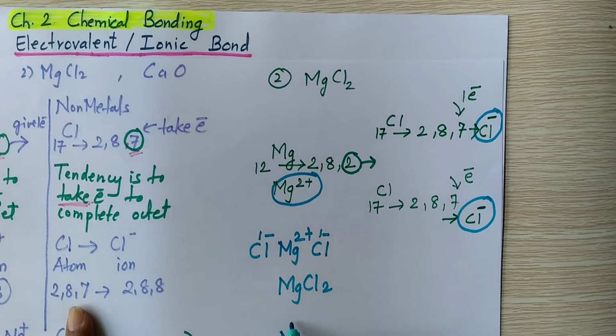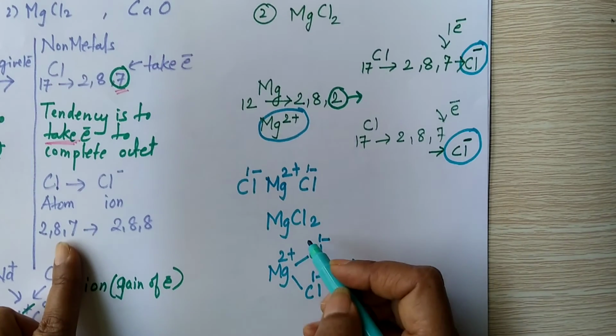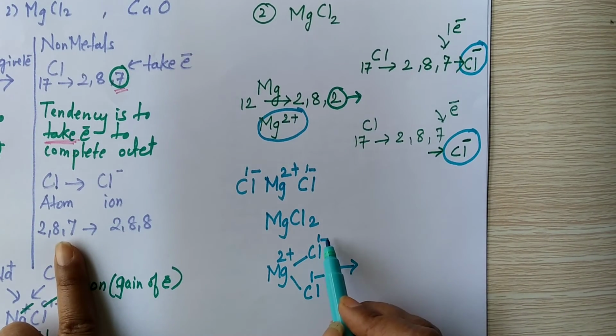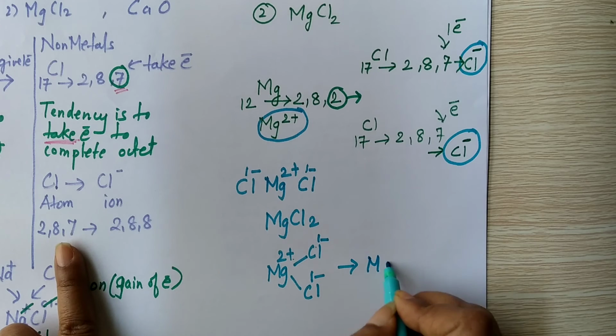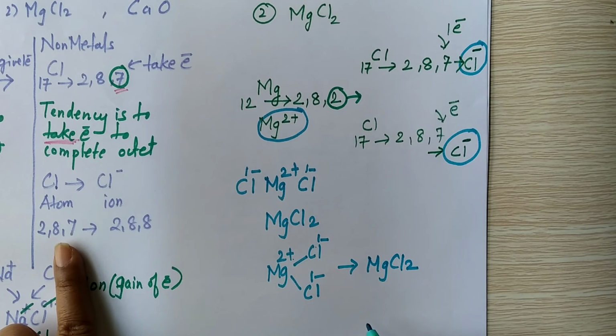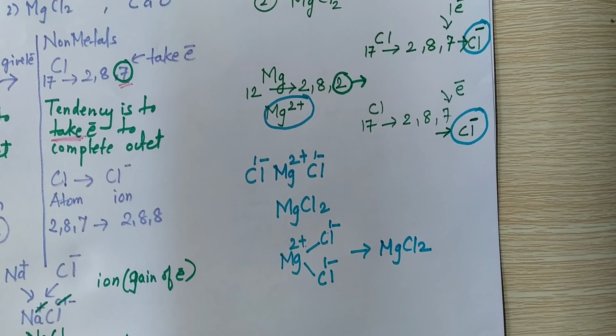Mg2 plus combined with Cl minus and Cl minus, 2 minus and 2 plus will give you 0. It turned 1 minus because it has taken 1 electron. It gave 2 electrons, 1 is taken by this chlorine, 1 is taken by this chlorine, and it becomes MgCl2 without charge.